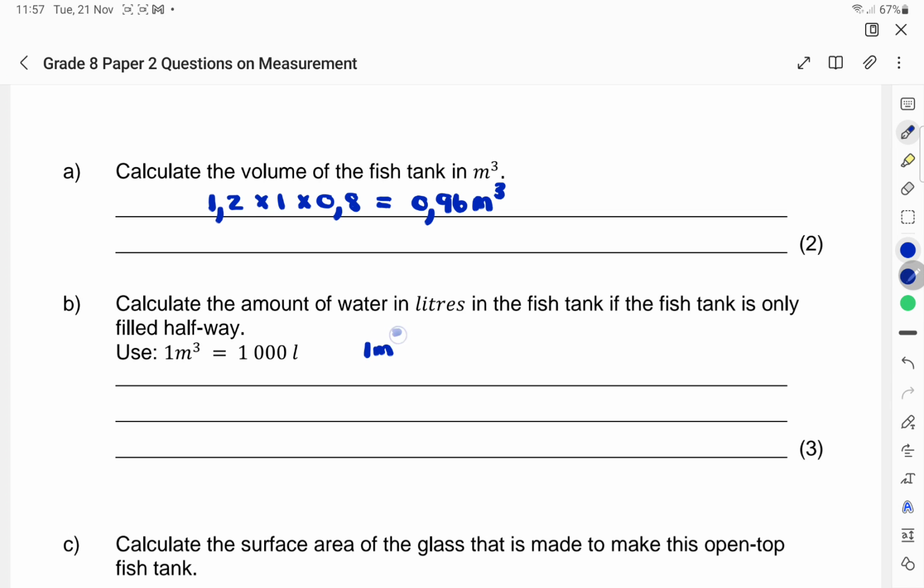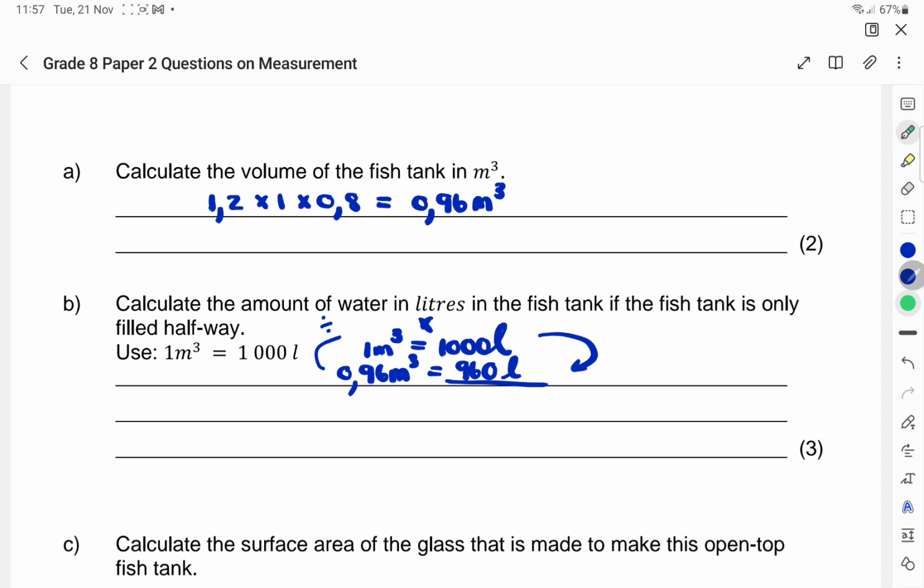So again, if you want to use the pirate method, otherwise you could have just said times it with 1,000. But over here, 0.96 meters cubed, we're going to divide up times down. So if you times that with 1,000, you get 960 liters.